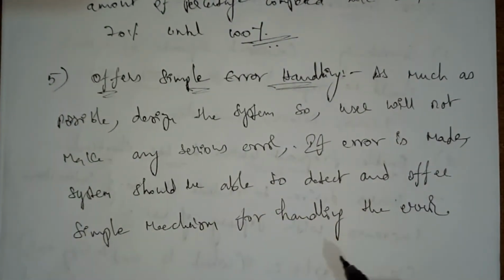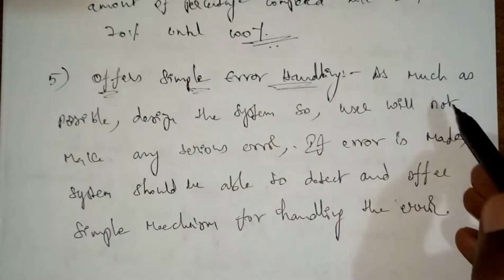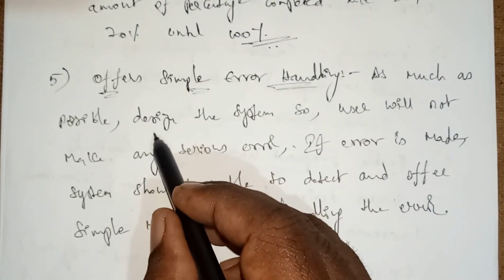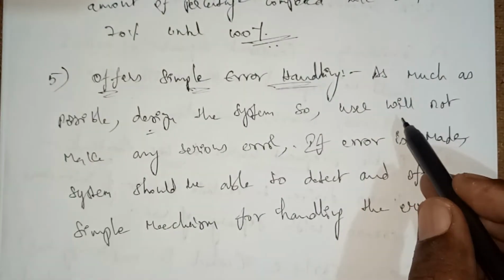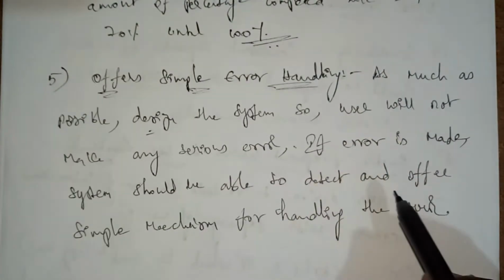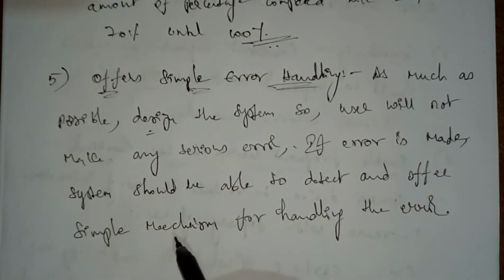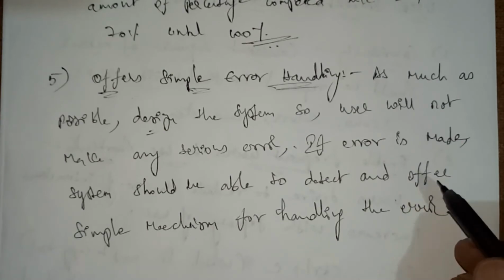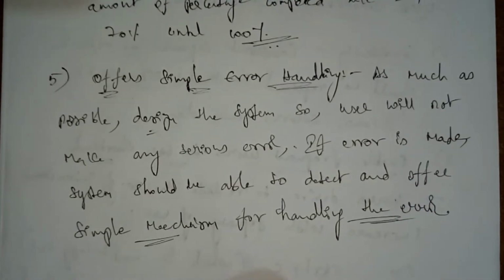The fifth rule is it offers simple error handling. As much as possible, the design should be such that the user will not make any serious error. If an error is made, the system should be able to detect the error, and it should also offer a simple mechanism for handling it.